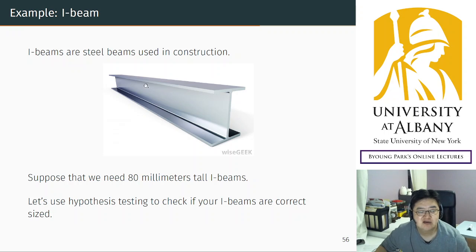I-beams are a kind of steel beam used in construction, and they look like this. It's called an I-beam because it looks like an I in the cross section. So it's used for construction, and there are standard sizes for I-beams.